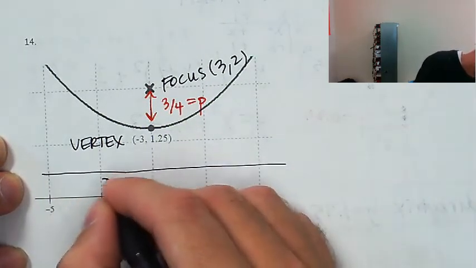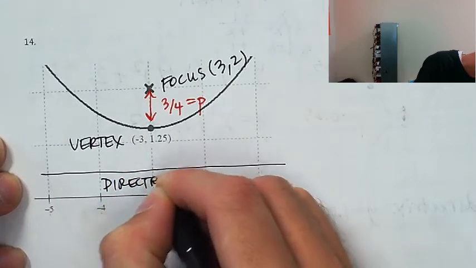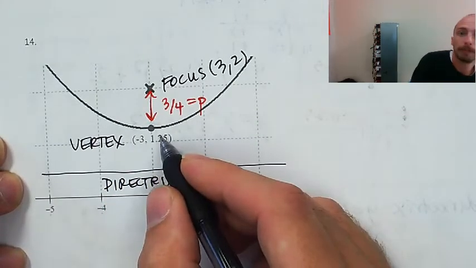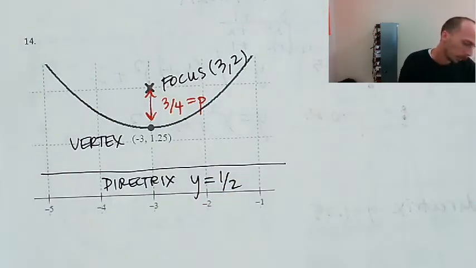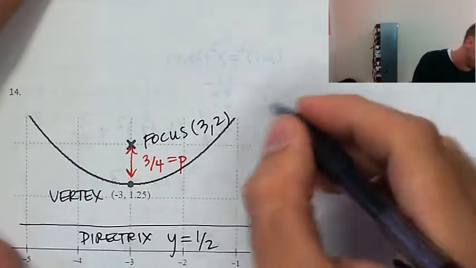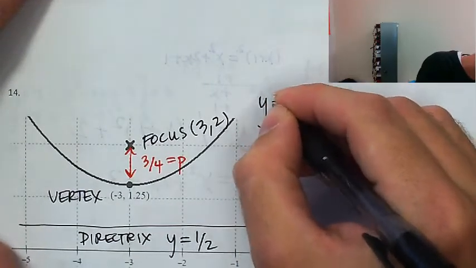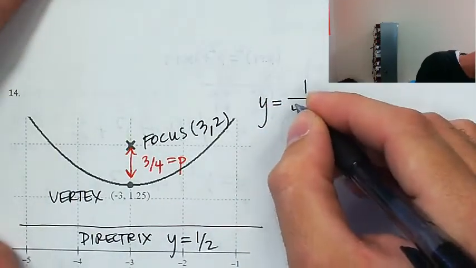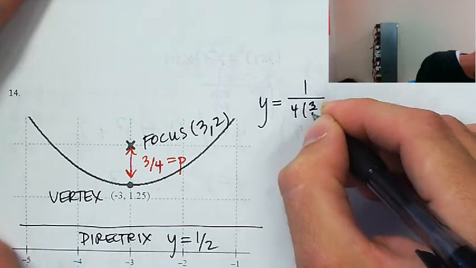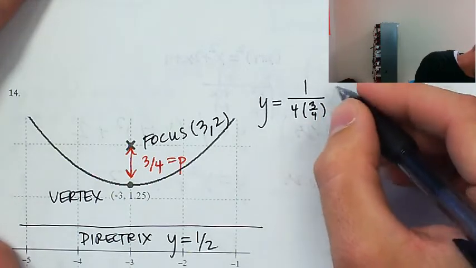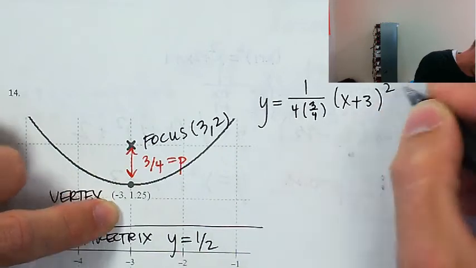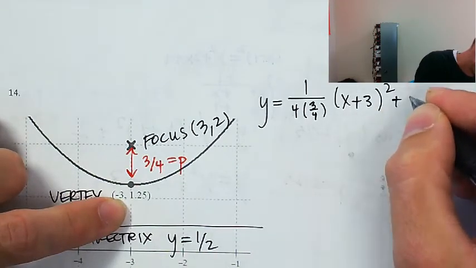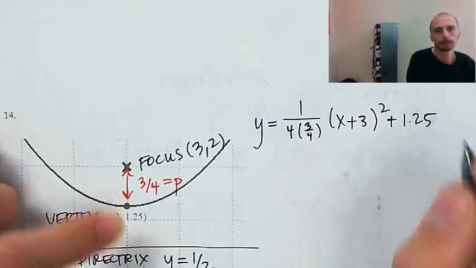1.25 minus 3/4 is going to be a half, so y equals 1 over 2. Then my vertex form equation is going to be y equals 1 over 4 times 3/4 of x minus the x coordinate of the vertex squared plus the y coordinate of the vertex.